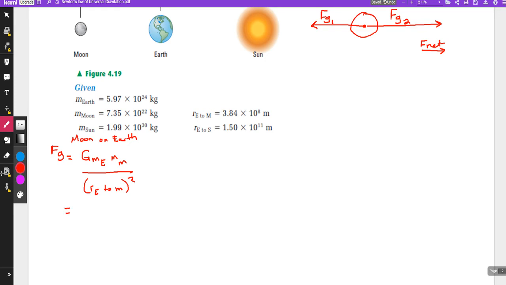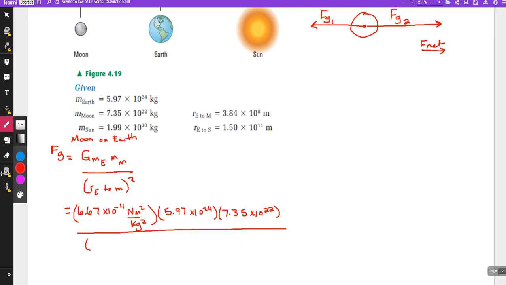Our gravitational constant stays the same, multiplied by the mass of the Earth and the mass of the Moon, all over RE to M squared.